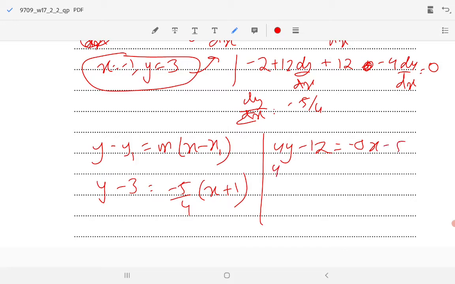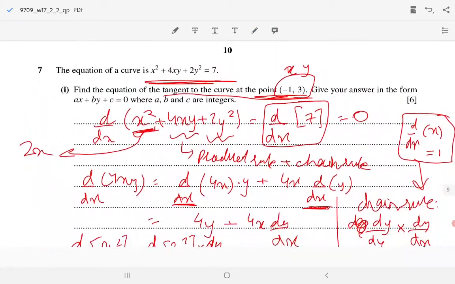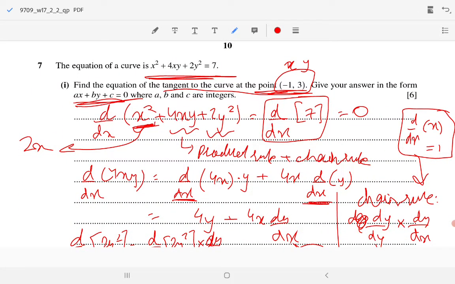So 4y plus 5x minus 7 equals 0. Alright guys, we converted this equation.